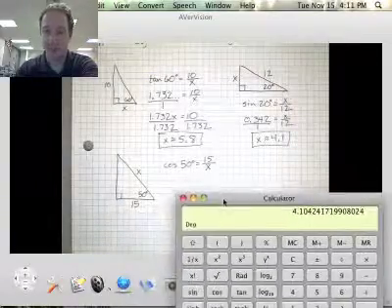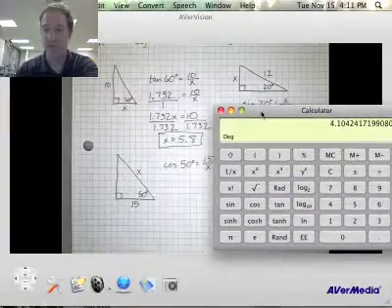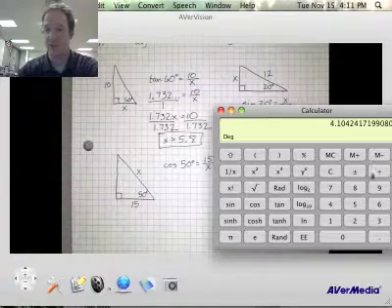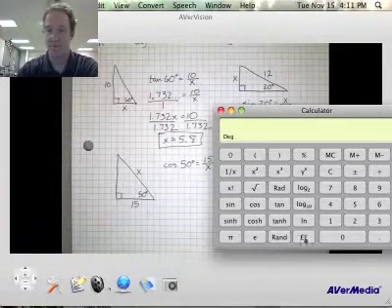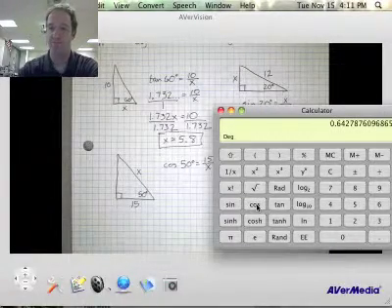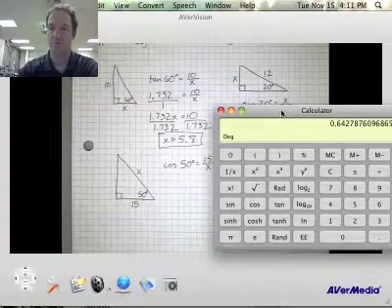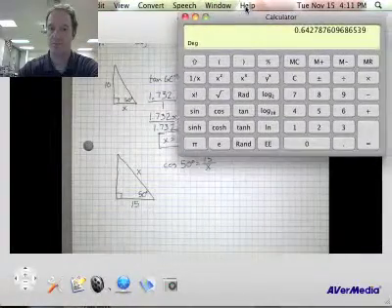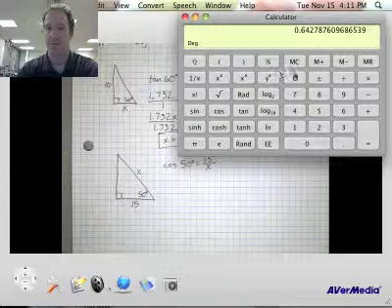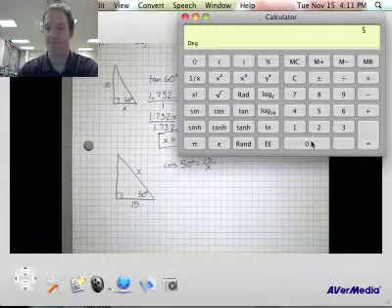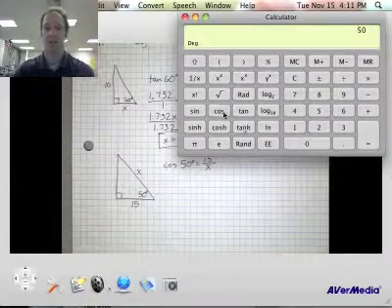And from here, it's very similar to what we've been doing in the past. We figure out the cosine of 50 with your calculator. Let me do that again. 50, and then cosine.